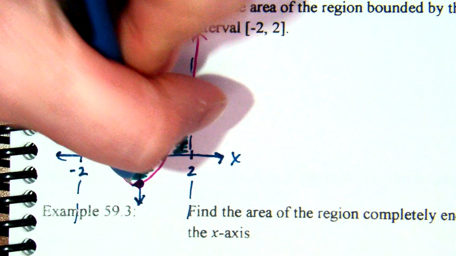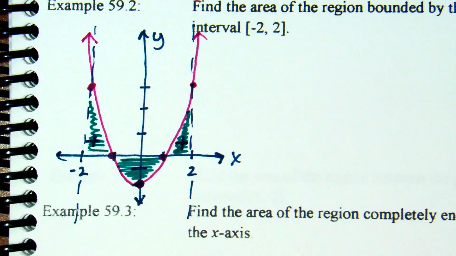So when I set up my integrals, I have to account for that, right? Okay. And we're doing this because the directions did say find the area. Not just find the value of the integral, but find the area.